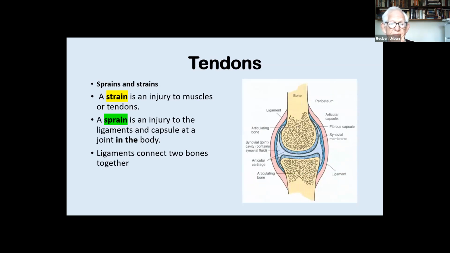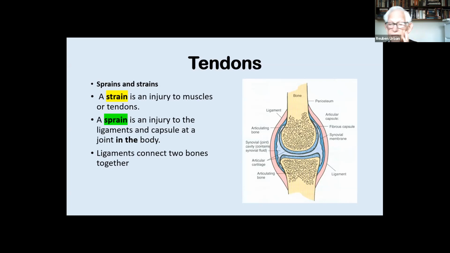So here we have the bone, you have cartilage in there, you have ligaments, not shown here, but they hold those two together. And this particular one has ligament on the outside, like in the elbow, whereas in the knee, you've got it on the inside.